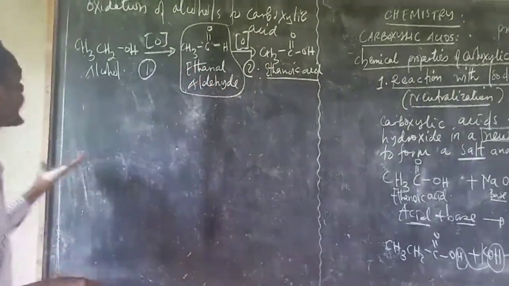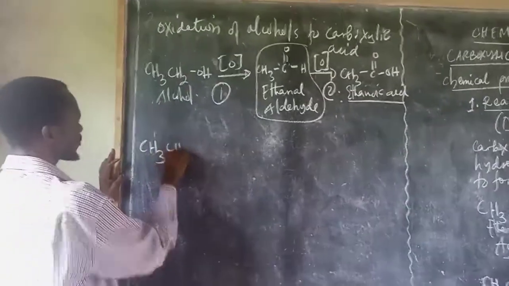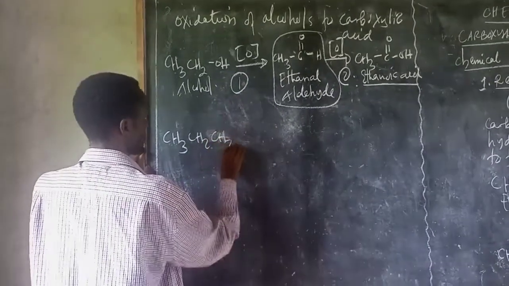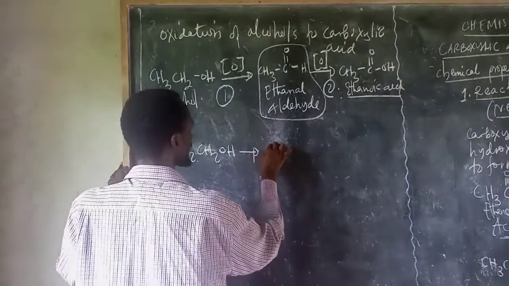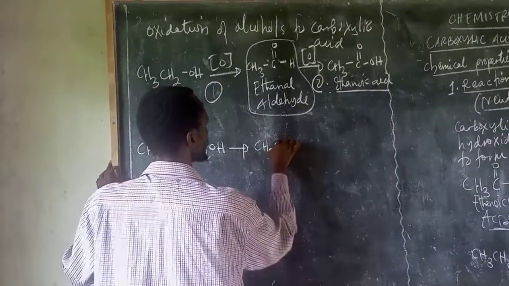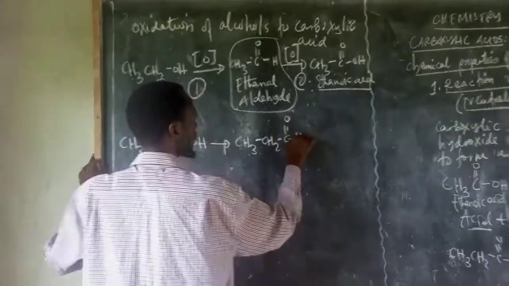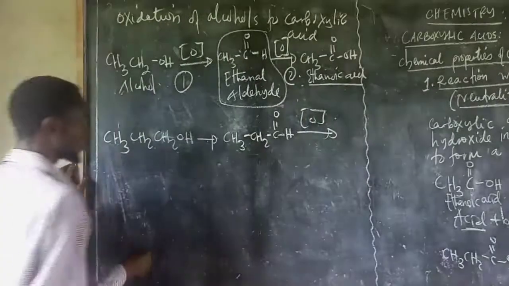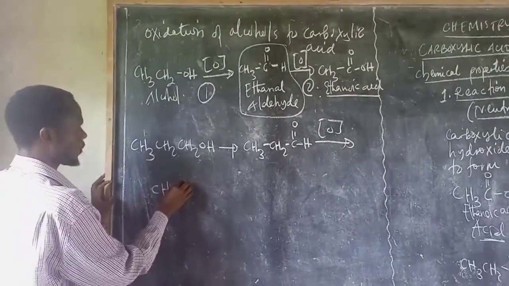We may form anything. For example, propanol. This is propanol. It can be oxidized to form propanal. This is called propanal. Then it is oxidized further to complete the carboxylic acid, which is called propanoic acid.